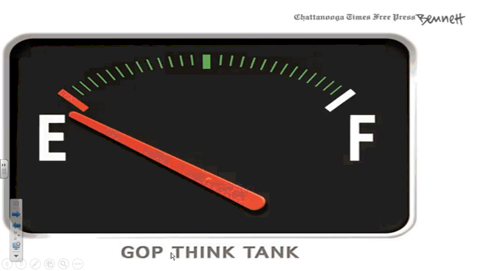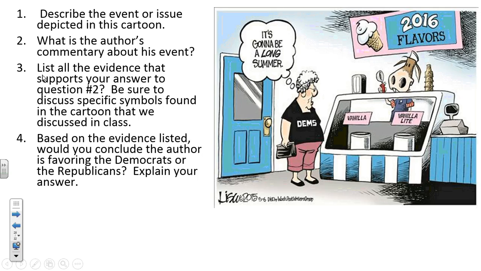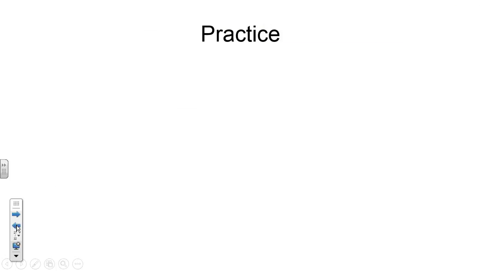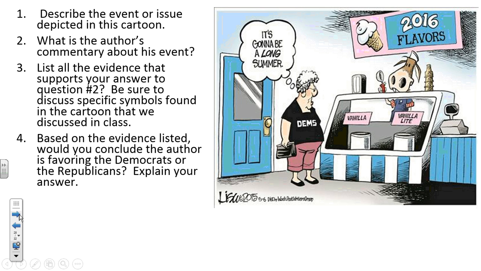Because it says GOP here. So I would need to explain all of that out for this part, all the evidence that you have. Would I say that that cartoon is biased one way or the other, or promoting one side or the other? I would say yes, it is. It's more of a Democratic view here, not necessarily a Republican view.